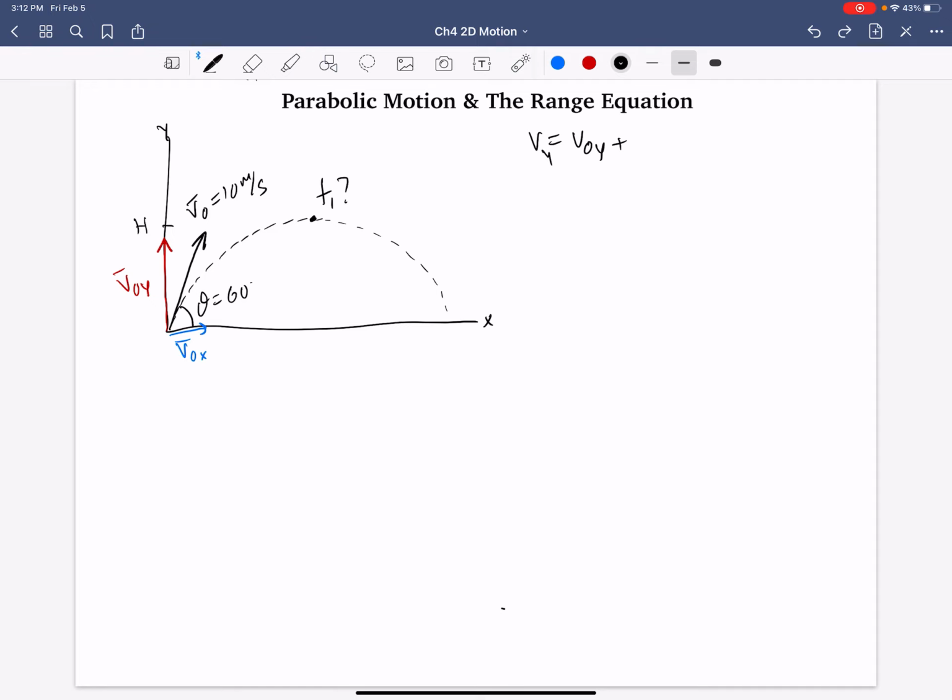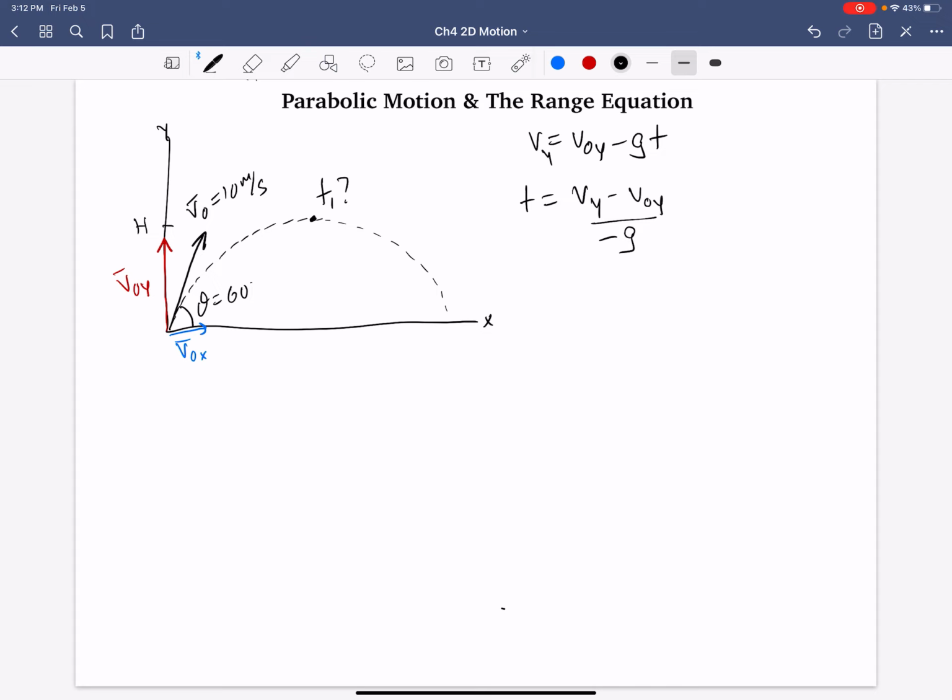Actually, let's do minus g, minus gt, okay? And so solving that for time gives us v minus v naught y over negative g.